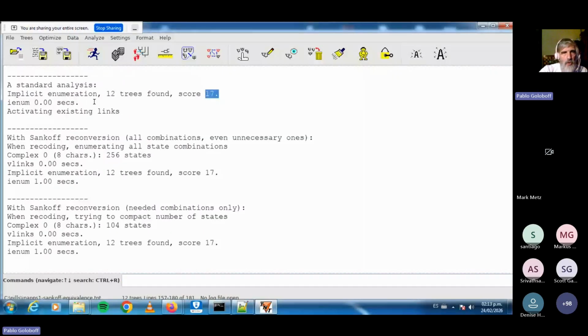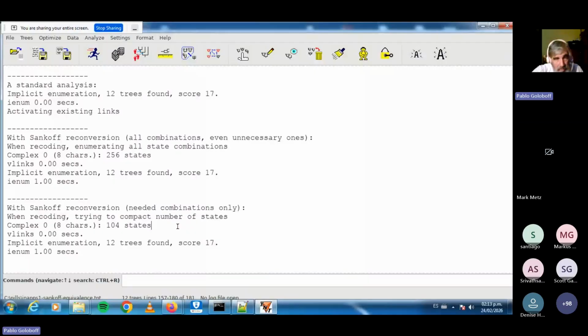And we found 12 trees when we analyzed the characters as binary in the standard way. We found 12 trees when we consider all possible combinations. And we got 12 trees using a little less time when we considered only the combinations that I am certain I need, discarding some of those, okay?